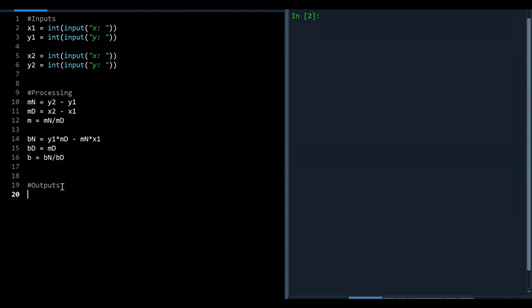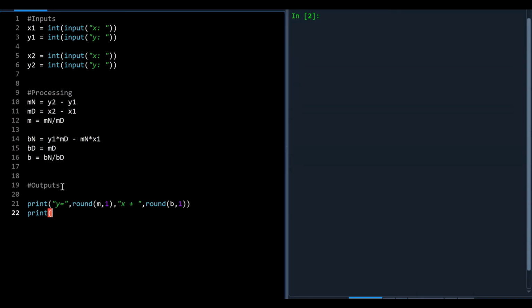Okay. And finally the output. So I've got to say y equals, and then let's do the decimal values first. So round m to 1 decimal spot, and then we need an x plus, and then we'll round b to 1 decimal spot.